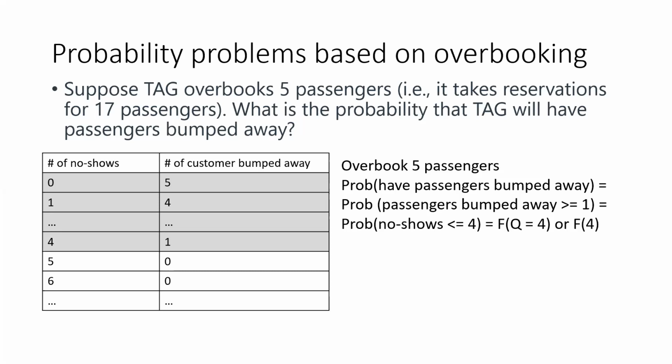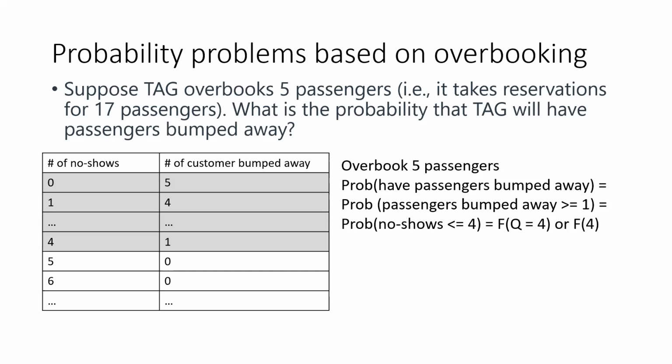Second column, number of customers bumped away, or it depends on the question. For example, if another question asks for the probability of 3 or more empty seats, then the second column is empty seats.